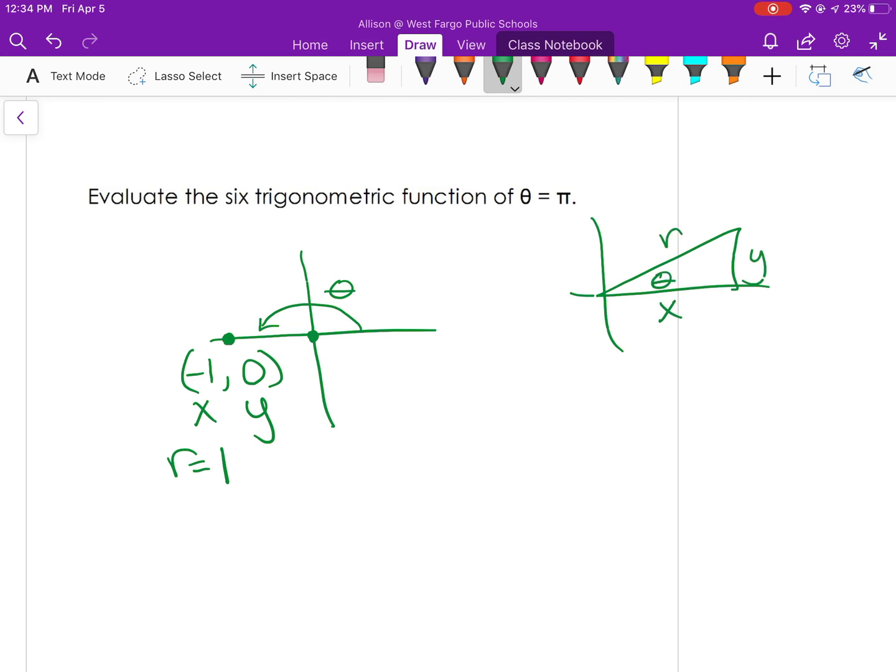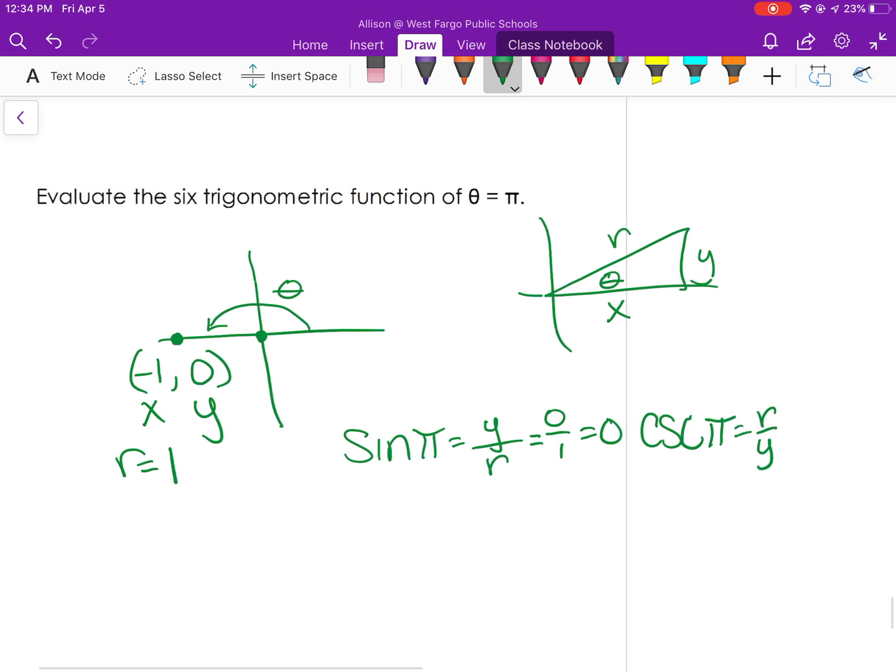Sine of pi will be y over r, which is 0 over 1, so 0. Then the cosecant of pi will be r over y, which will be 1 over 0. So the cosecant of 180 or pi radians is going to be undefined.